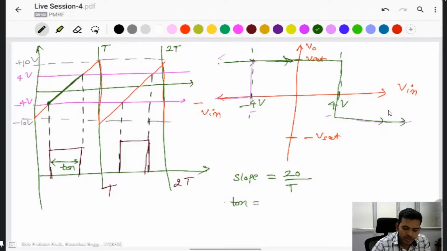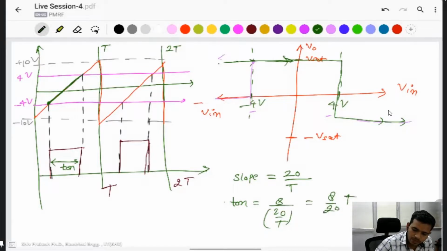Total 20 volt is in the T time period. Then what time period for the 8 volt? 8 divided by 20, so 8 by 20 T. The T on is 8 by 20 T.